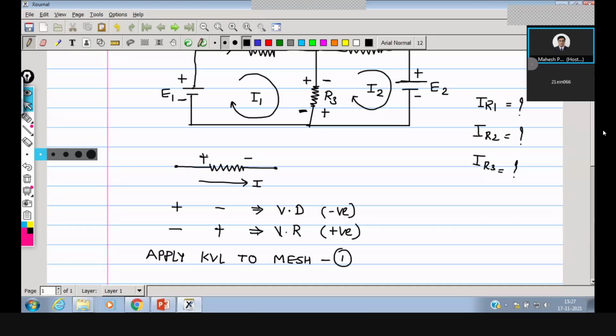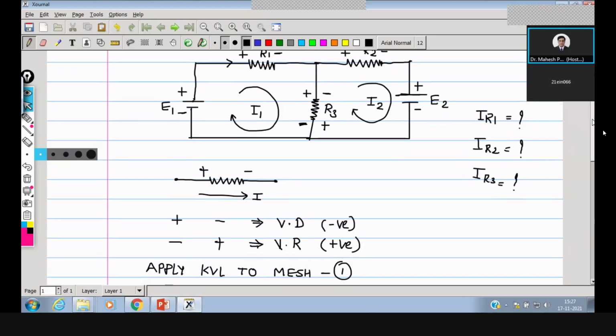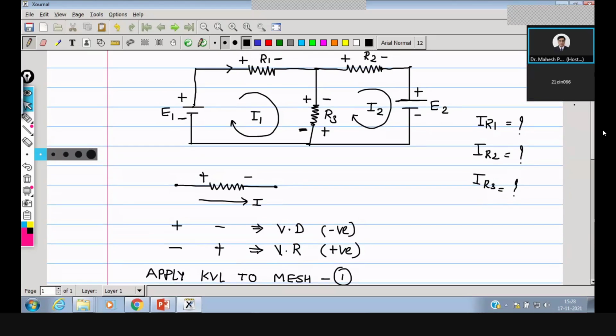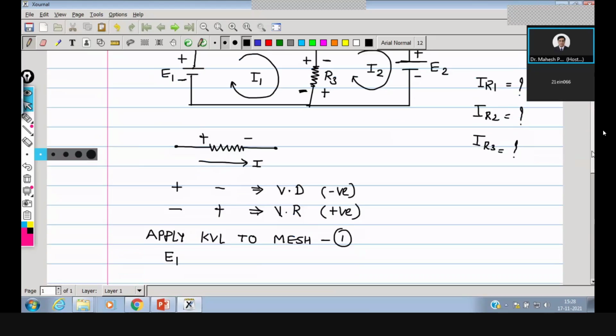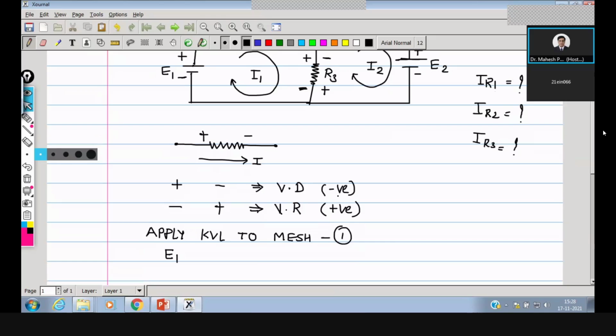If we start from E1, this is a rise in voltage, because we already know the sign conventions. So we can write here E1. What about this other resistor? That is from plus to minus, and the current direction is also in the same direction, so we consider this a negative sign with a drop: minus I1 R1.